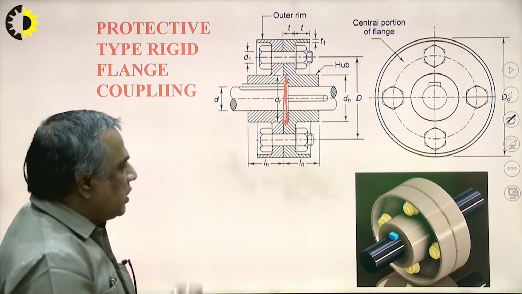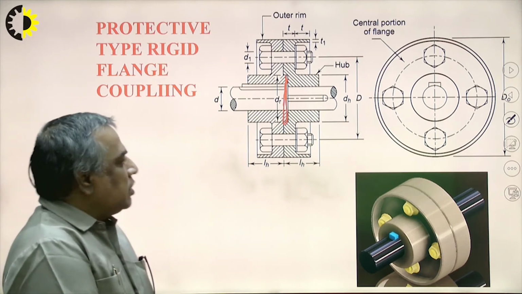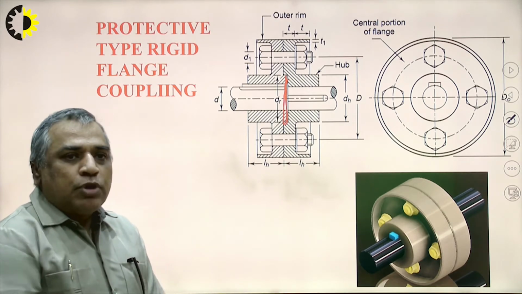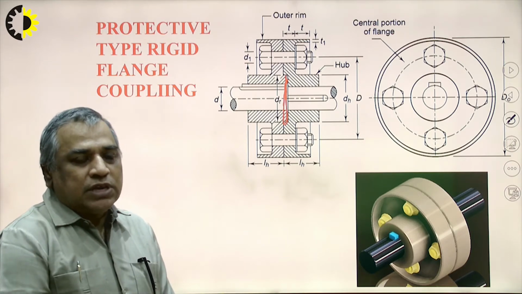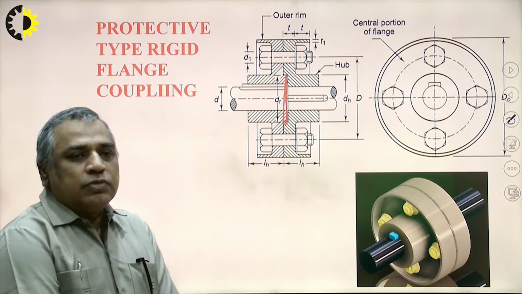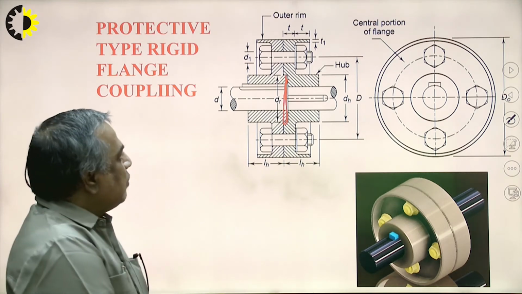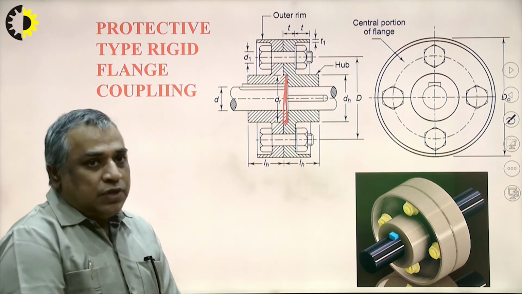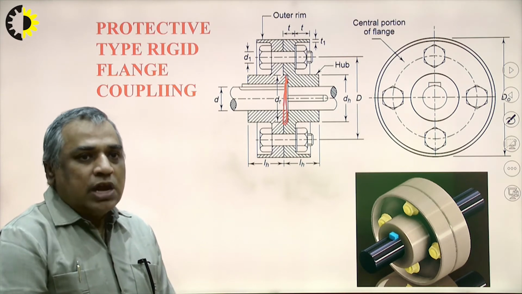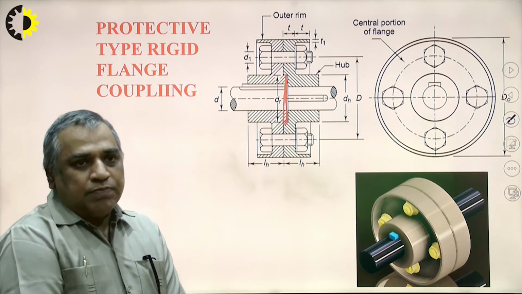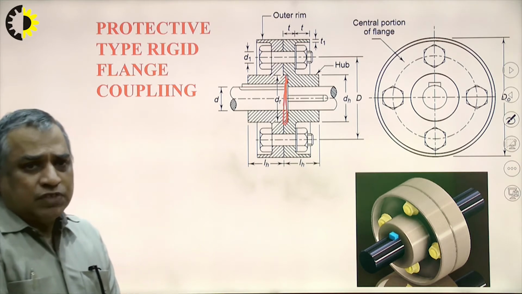It will ensure the proper alignment of the driven shaft and the driving shaft. Only then can you put the bolts between the driving flange and the driven flange. If there is misalignment between the driving flange and the driven flange, it may cause harm to the assembly, or it may create failure of the system.